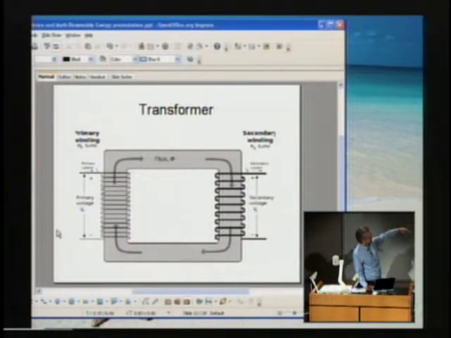And this flux cuts across the wires on the other side as it increases and decreases, and it produces a voltage on the secondary side. So if you had 1 winding on this side and 10 windings on that side, you get 10 times the voltage coming out. Your current would also be 1/10 as much, so your power would be roughly the same, minus a bit of losses that happen in the wire and the core.